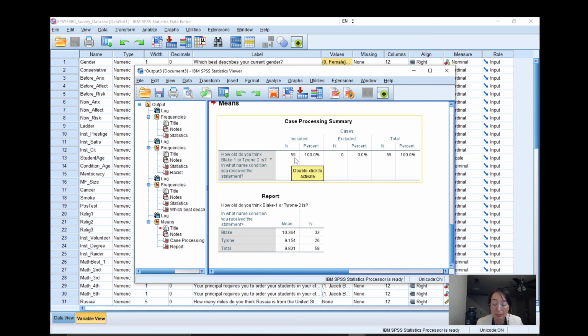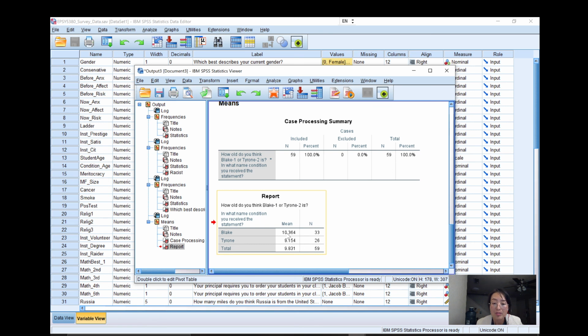Okay, we now see we have 59 cases, or 59 rows, and all are included. Let's take a look at this. These are the two different names given to you. Some of you were given this name and asked to rate the age of the student, and some of you were given this name. Now we see that 33 of you were given Blake, and 26 of you were given Tyrone.